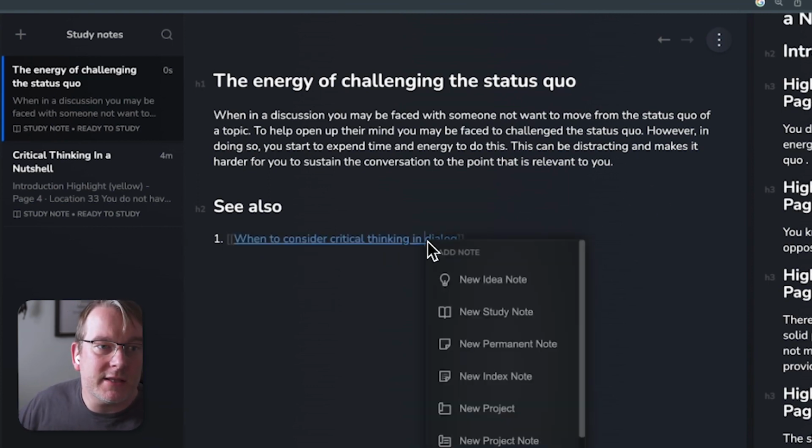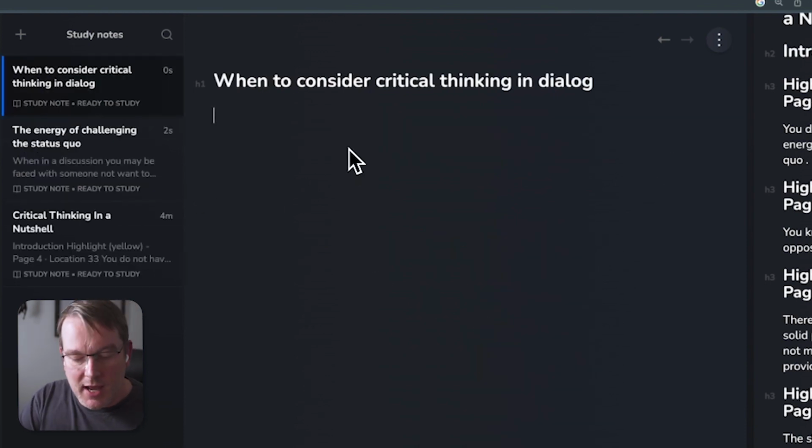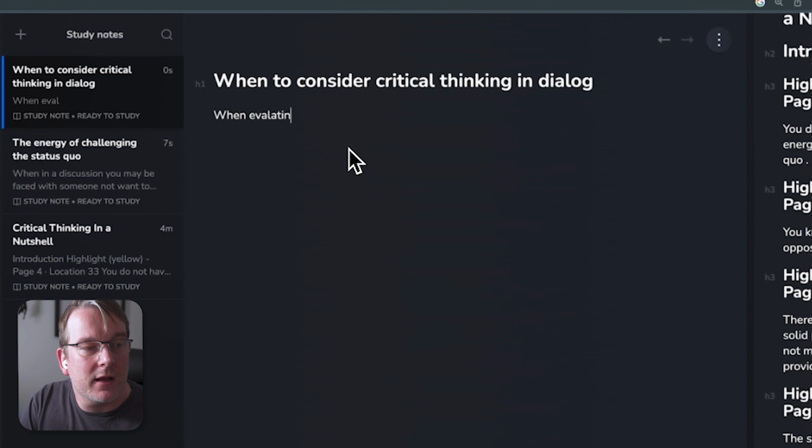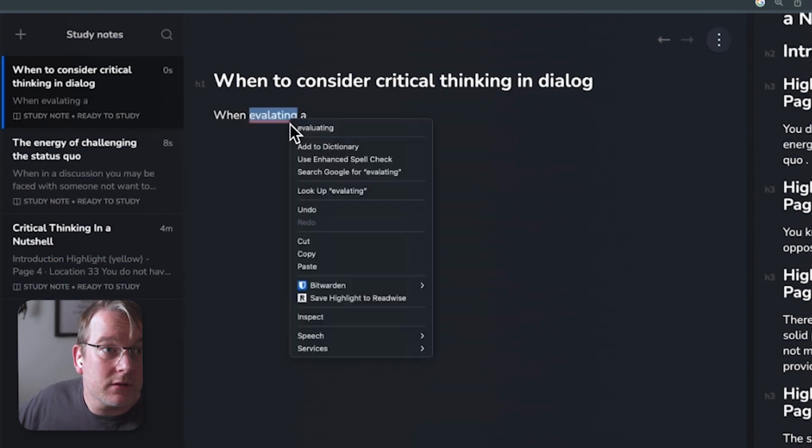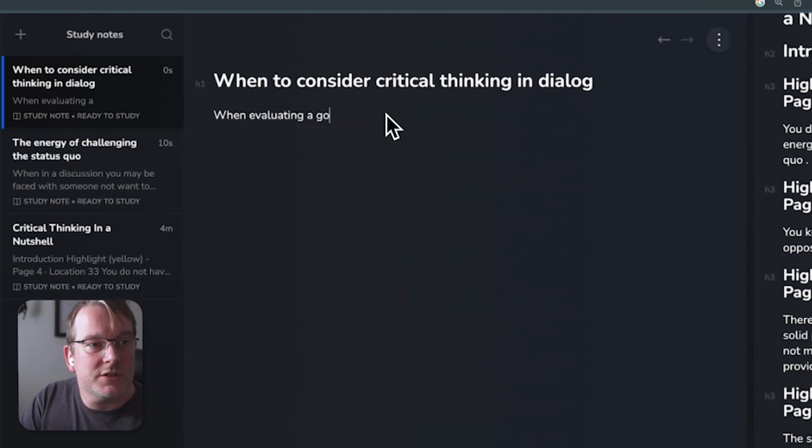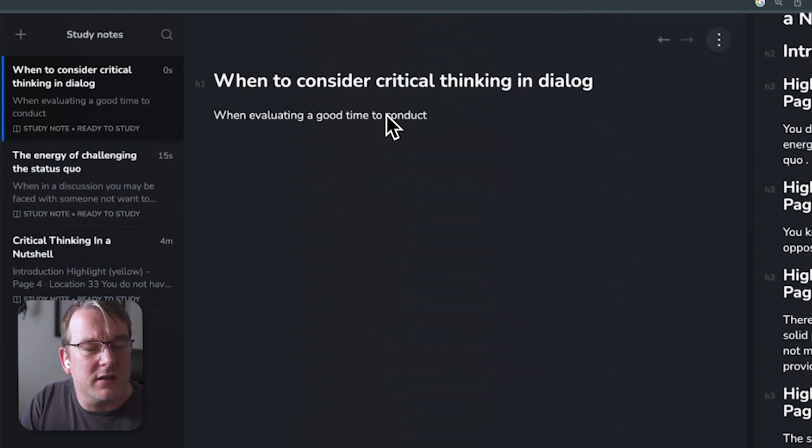And I'm going to create this new study note. And so when evaluating a good time to conduct critical thinking, you have to consider the following.